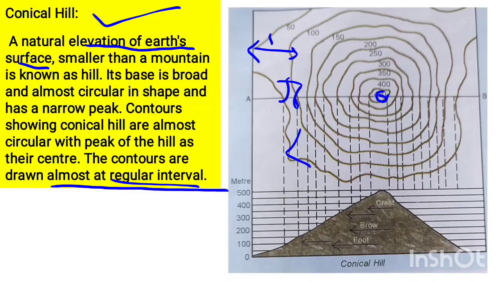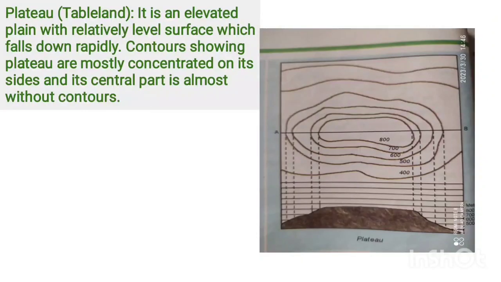See, from 50 to 100 the difference is 50 meters, and from 100 to 150 it is also 50 meters. So, regular intervals. Next one is the plateau, another name for which is tableland. With the help of these contour lines, we can understand the concept of a plateau. A plateau is an elevated plain with a relatively level surface which falls down rapidly. See, the upper part of the plateau is flat.